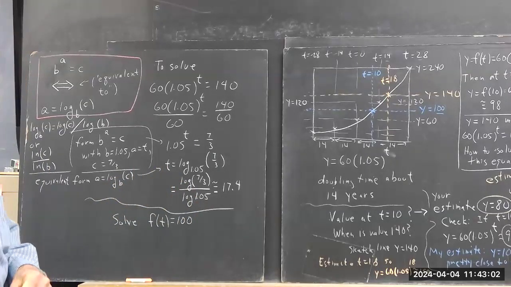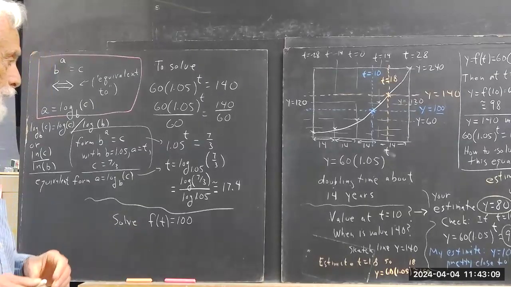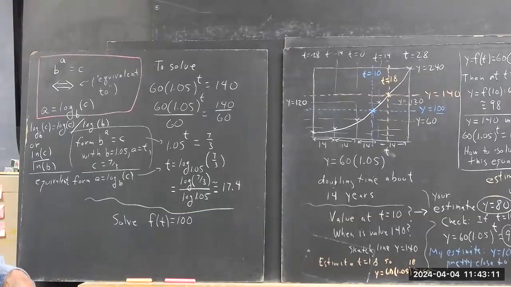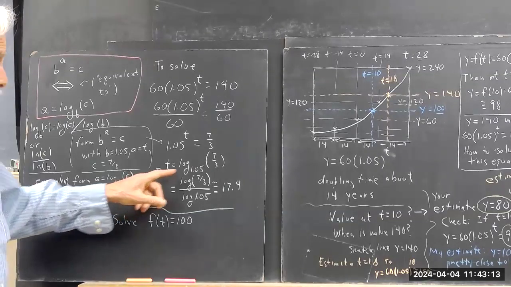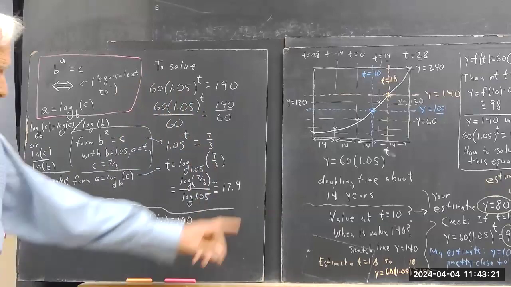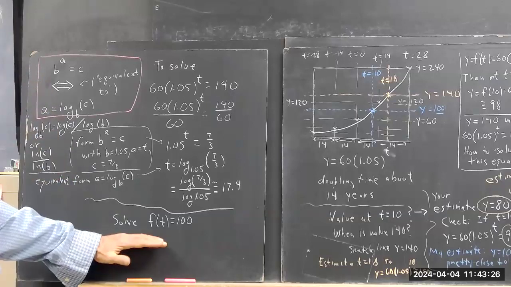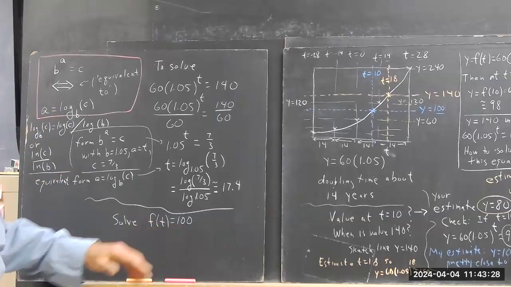You have to know a little bit of mathematics before you can use a calculator as anything but an absurd crutch. Okay, so t is this, and you just plug that into your calculator. Everybody did and got 17.36, roughly, and I rounded that to 17.4. So there it is. Now we'll ask people to solve f of t equals 100.